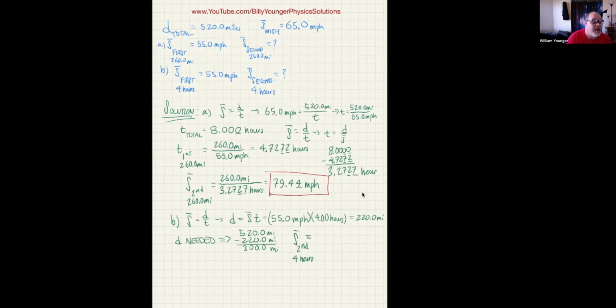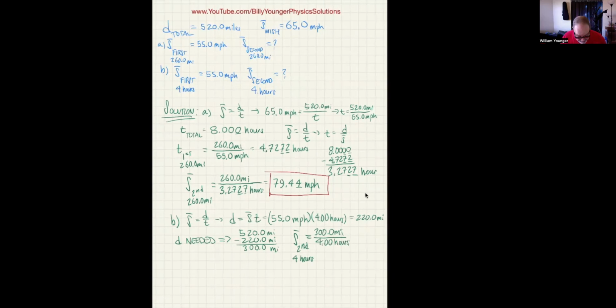In this case, I know that I already drove 220 miles. Now I've got to drive 300 miles, which is 300 plus 220 gives you the original 520. I need to do that 300 miles in 4.00 hours.